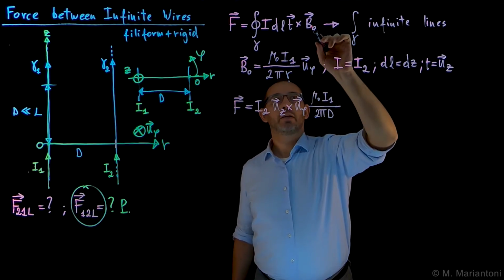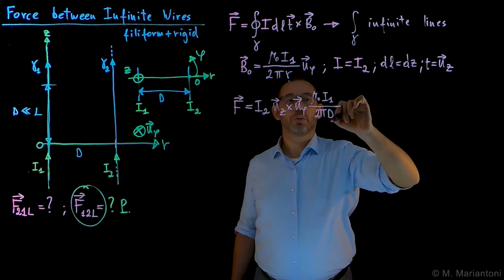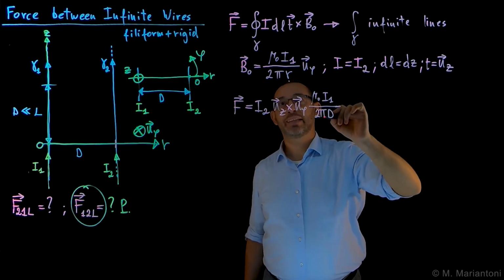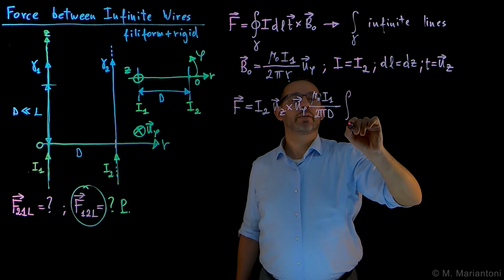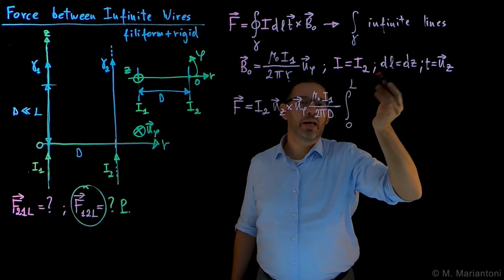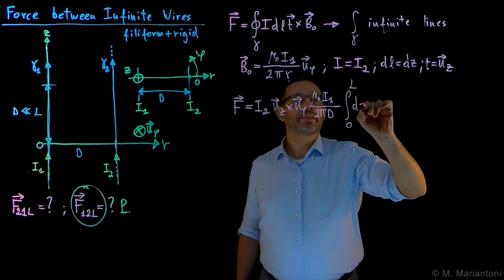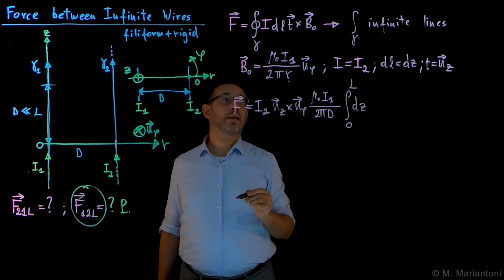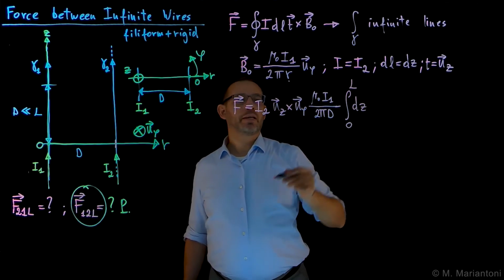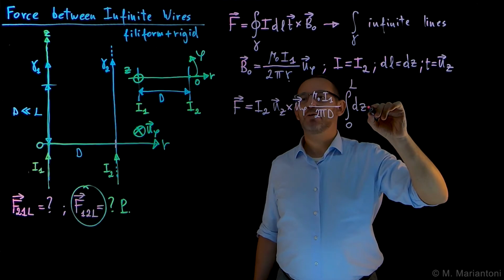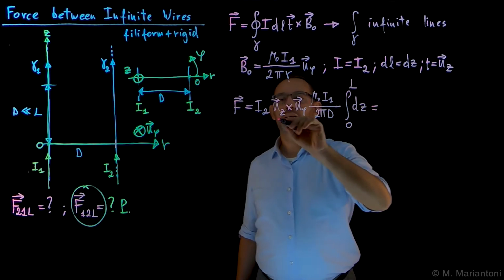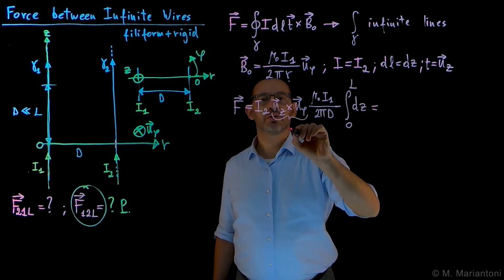T, we have it. Of B naught, we have u var phi, mu naught divided by 2 pi D, and we specify D because we are at that distance, not to make that mistake. The integral, let's do it only on a length capital L, which is much larger than D, dz, which is a trivial integral left to be done. So clearly the result of this equation eventually is nothing but, what is uz cross u var phi?